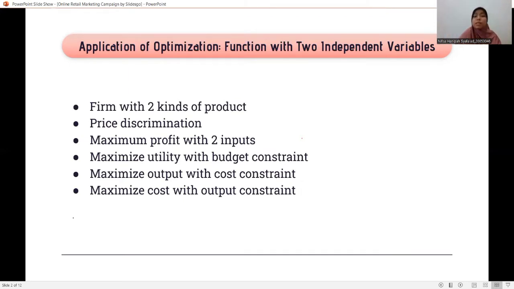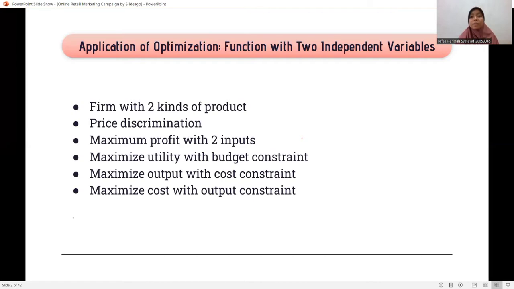The third is maximum profit with 2 inputs. After this, we learn with an example. And the next, maximize utility with budget constraint. And the next, maximize output with cost constraint. And the last, maximize cost with output constraint.